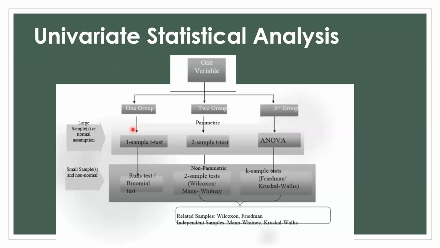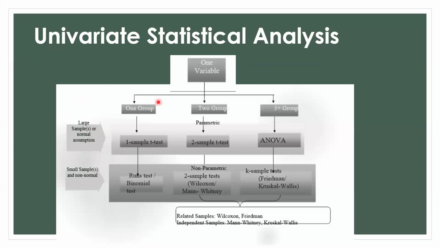Under the univariate statistical technique, when there's a single variable, there may be a number of groups within the sample. One variable, one or more groups, right? And again, we have smaller samples where the normality assumption is not met, and large samples where the normality assumption is met, right?